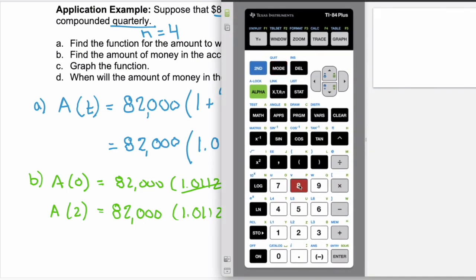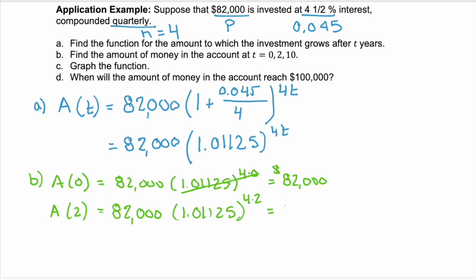So we have 82,000 times 1.01125 to the power of 8. And this equals $89,677.